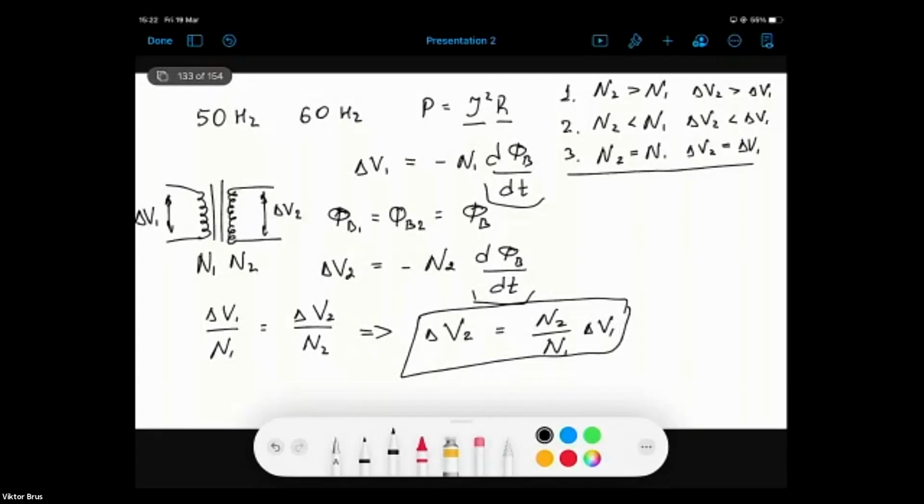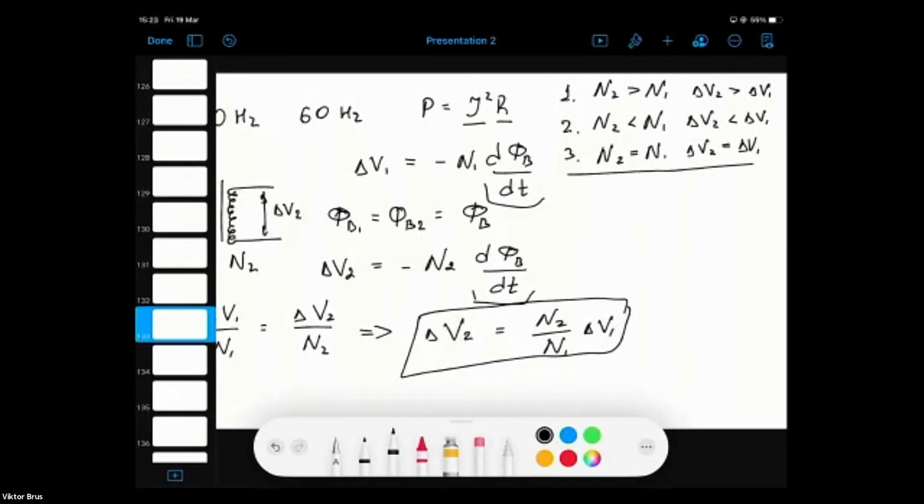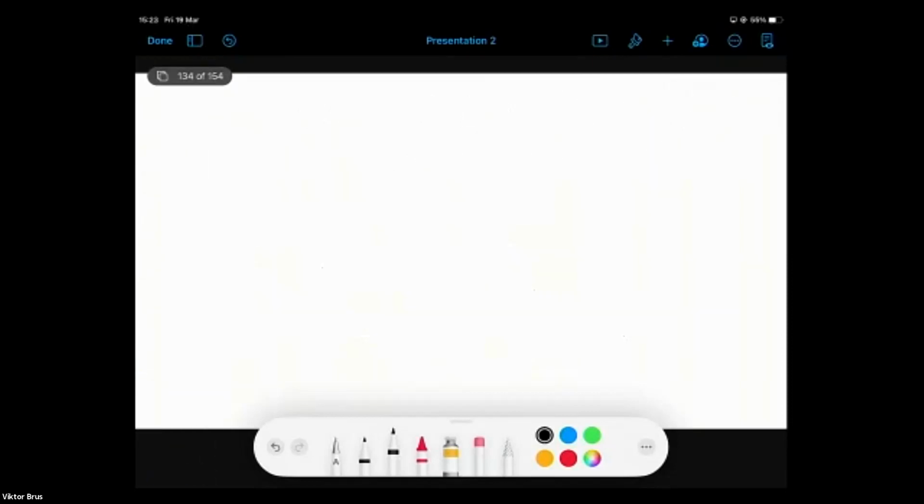So now we assume that we have some ideal transformer, so we don't lose any electric power, which for some examples of AC transformer is quite close to reality. So performance, like efficiency, could be quite high, up to 99%.